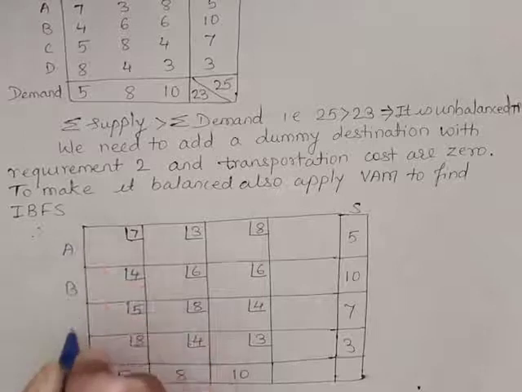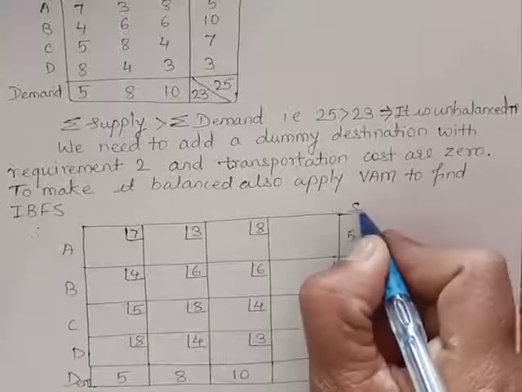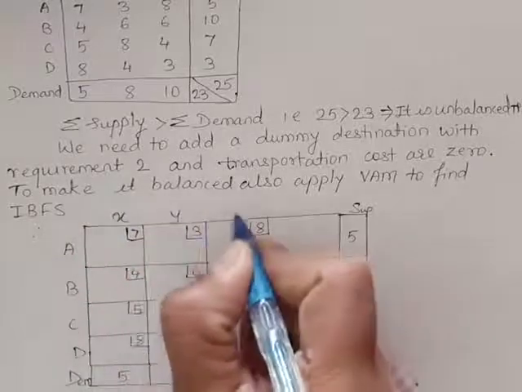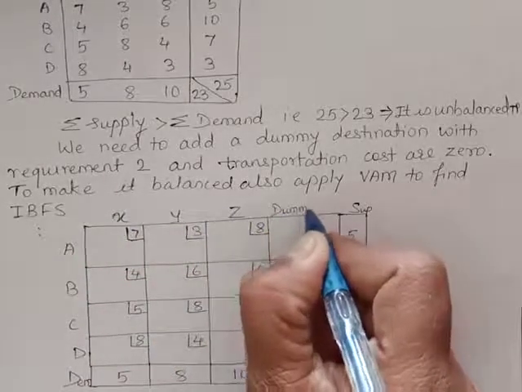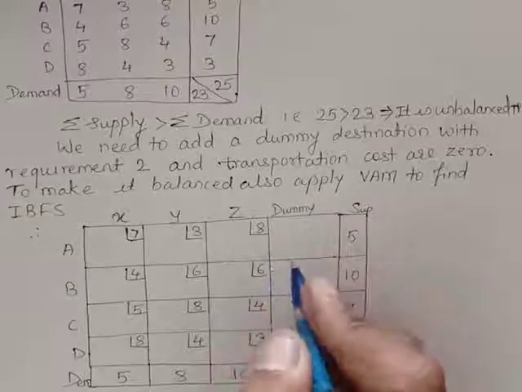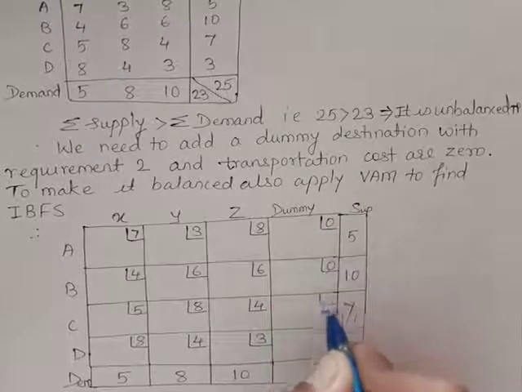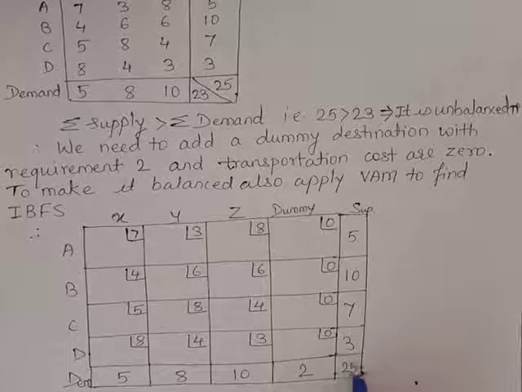A, B, C and D is the destination here. This is demand. This is supply. Okay. Here it is X, Y, Z and this is dummy. This is a dummy destination and we have to take the cost of them as what? 0. And the requirement is 2, so it will become 25.